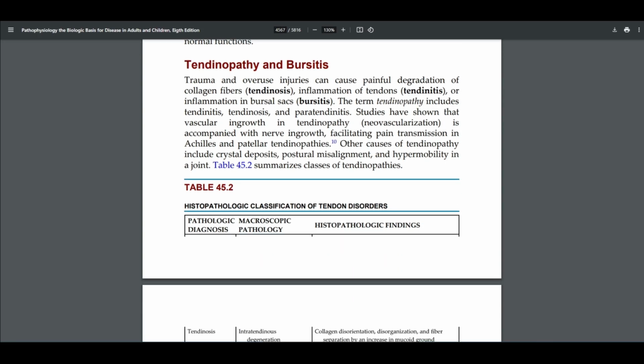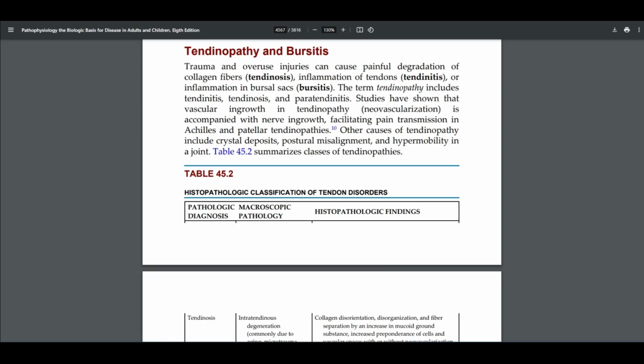So, tendinopathy and bursitis. Trauma and overuse injuries can cause painful degradation of collagen fibers. So, your tendinosis, degeneration of the tendons, tendinitis, inflammation of the tendons, or inflammation in bursal sacs, bursitis. The term tendinopathy includes tendinitis, tendinosis, and peritendinitis.